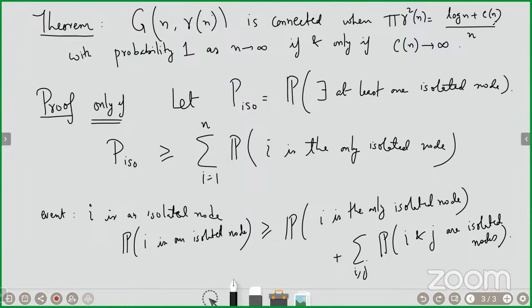I and J simultaneously are isolated. So definitely I and J are at a distance of more than Rn from each other. That much is clear. And both disks are empty. You get multiple events to actually control this. This is a complicated event. So that is why we are doing this.